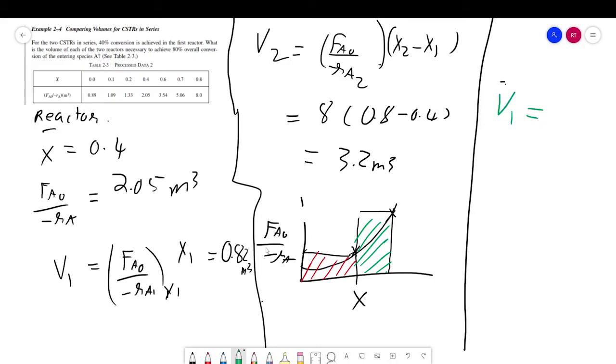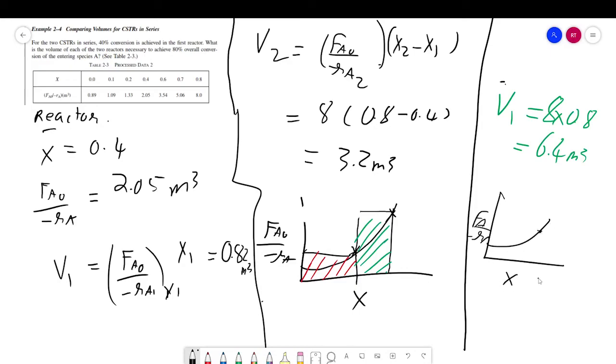For 80% conversion, the value is 8, so 8 times 0.8, which would be the case if it's just one stage. It's 6.4 meter cube. If I draw the same thing, that would be minus RA by X plotted, here's your 0.8, here's your 8, and this area would be the size if you are going to do it in one CSTR.